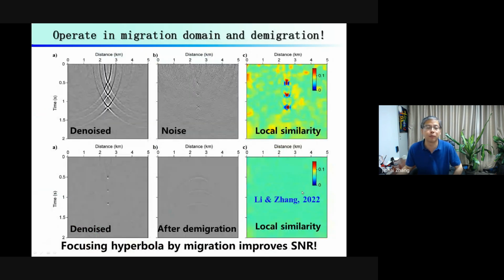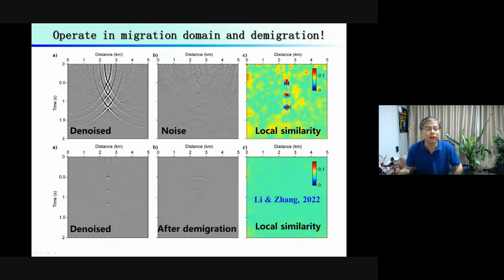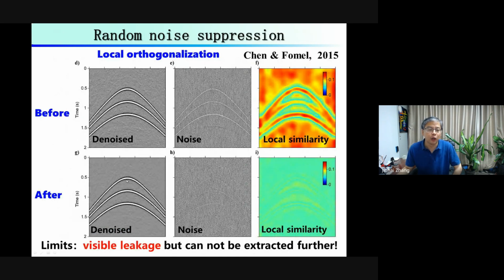So we developed a new method. Sorry, this model has three objects or scattering points. We have 1, 2, 3 in the model domain. Here is the data domain, the observed data. If the model has three scattering points, their profile is three hyperbolas.